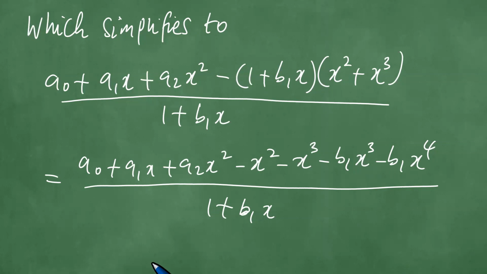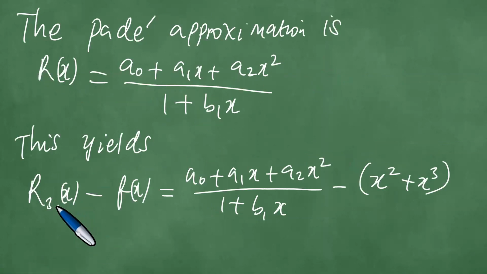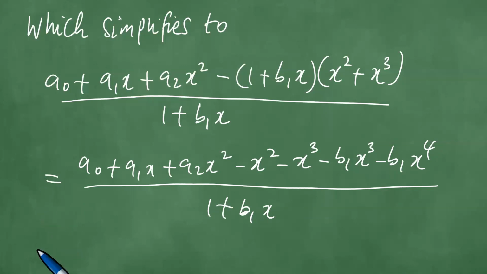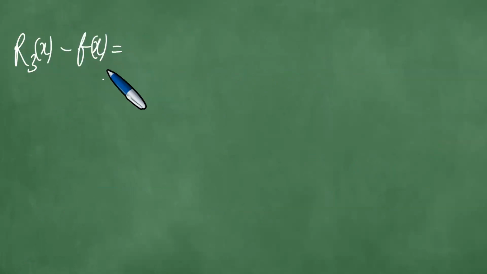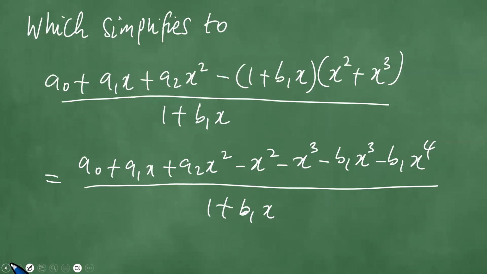We have still R3 of x minus f of x. And then that is going to become something similar to this. Okay, there's only one constant term, a0.